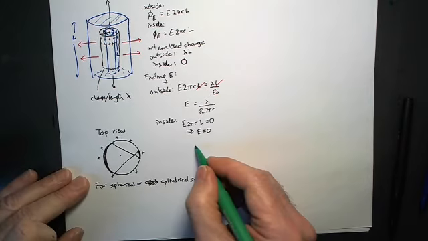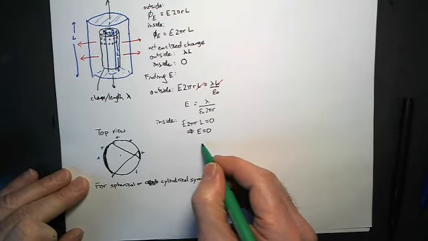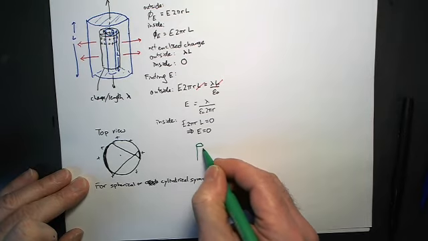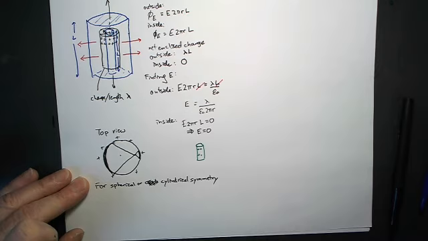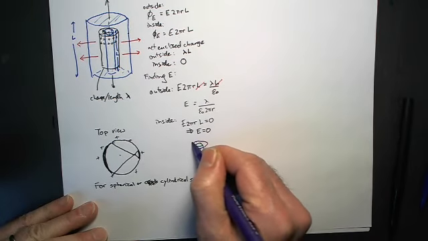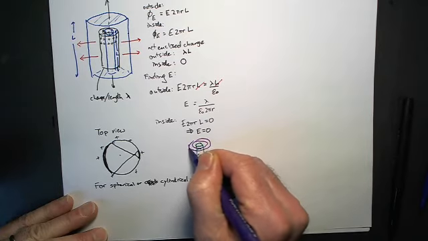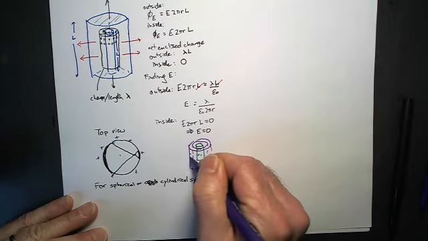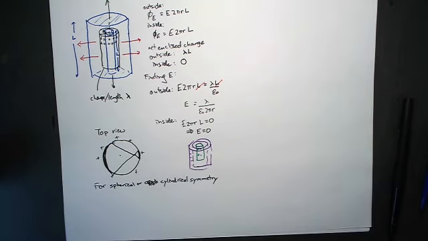Let's say I've got a complicated charge distribution that has cylindrical symmetry. So here's a shell that's got some positive charge on it, and maybe that's surrounded by a thick shell like this, and the thick shell has some negative charge distributed through its thickness, etc.